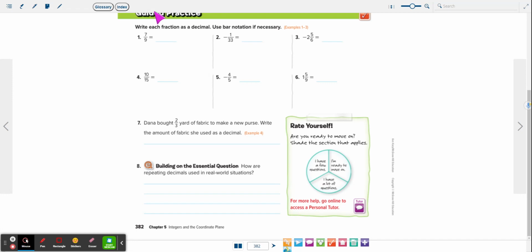Okay, so on page 382, looking at the guided practice, it's telling you to write each fraction as a decimal and use that bar notation if you need to, which is just a line over the repeating decimals. So for number 1, to change it to a decimal, you do 7 divided by 9. And I need my calculator.